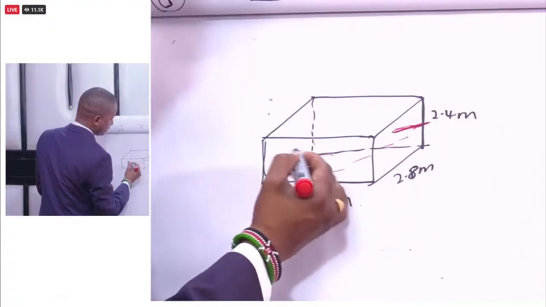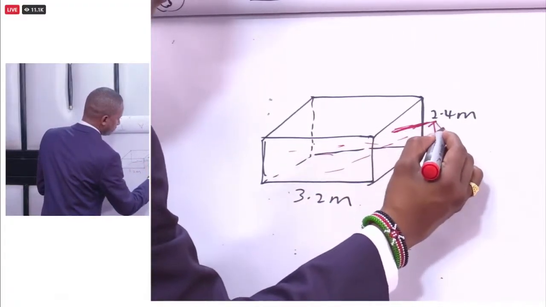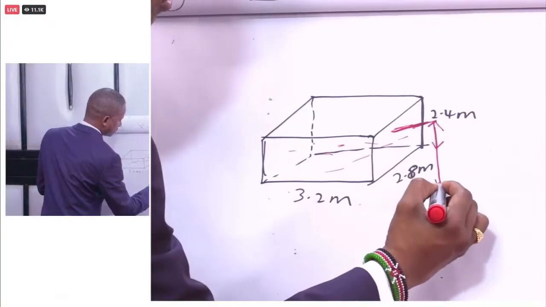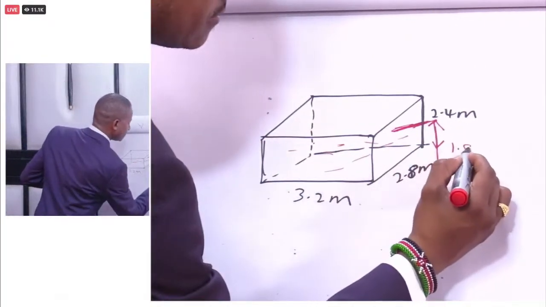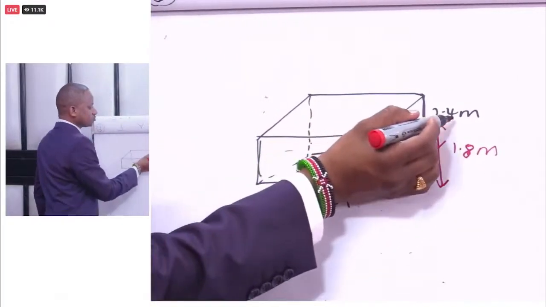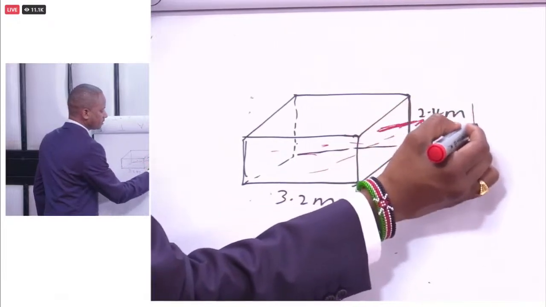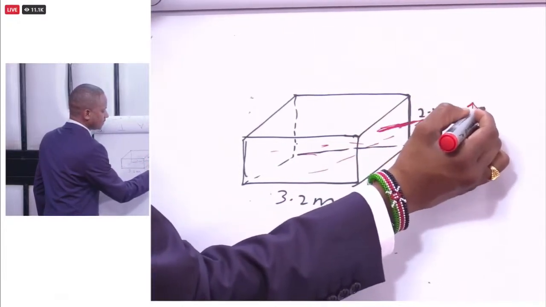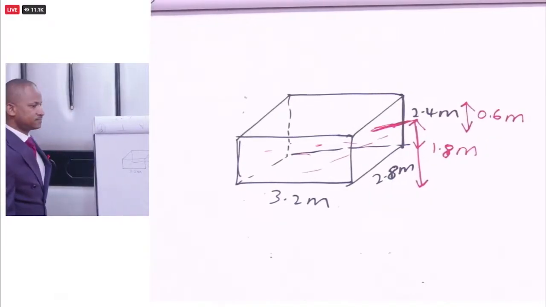So this is water. This level that is containing water is 1.8 meters, which means that 2.4 minus 1.8 is 0.6. So this height that does not contain water is 0.6.